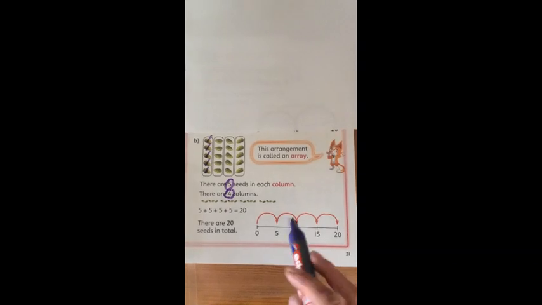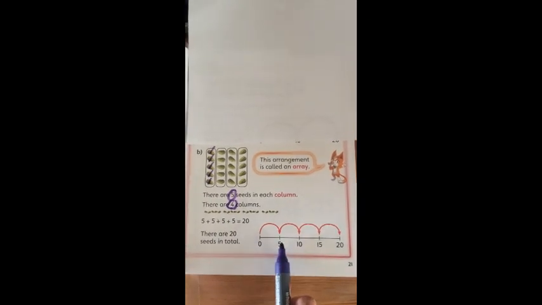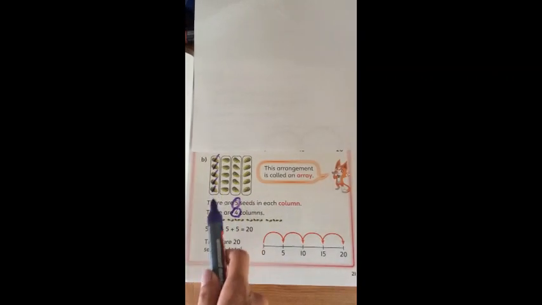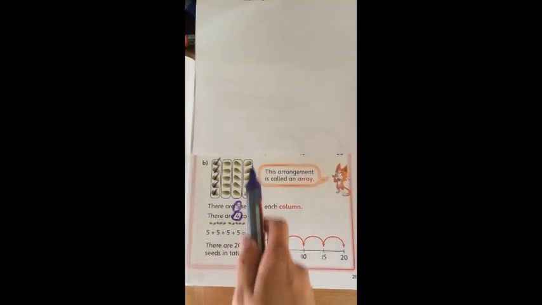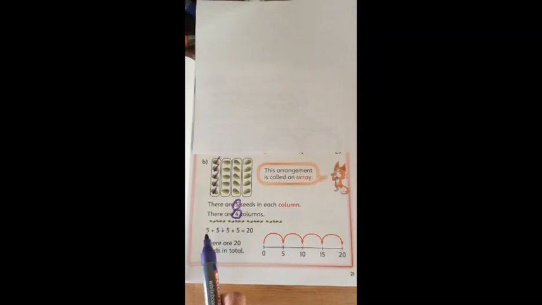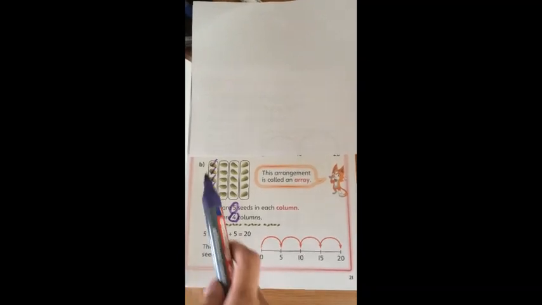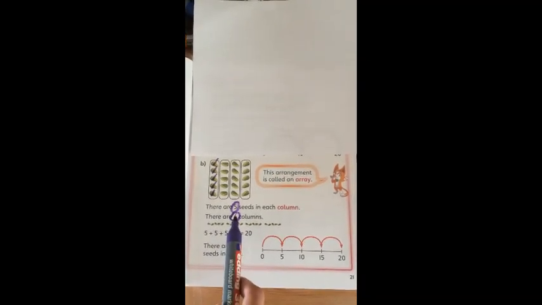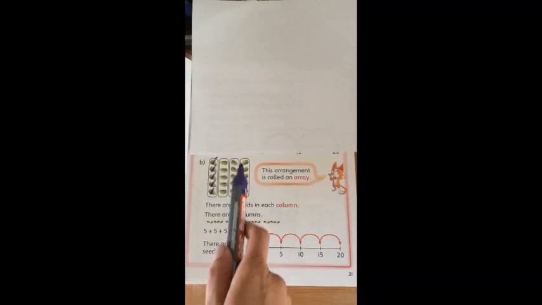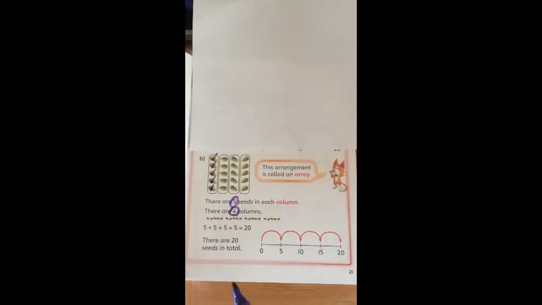So we've got our number line again here, and we're counting in 5s. Why would we count in 5s? Yes, because each column has 5 in. So we're looking at our repeated addition for 5s. How many jumps would we need to do? Yes, we need to do 4 jumps because there are 4 columns, 4 equal groups we are counting.